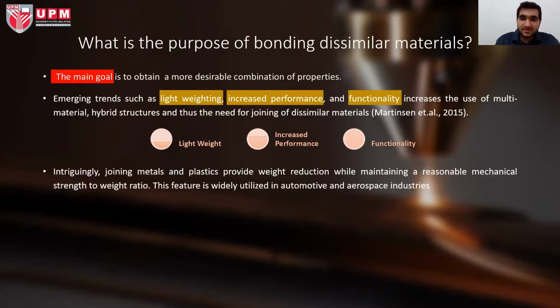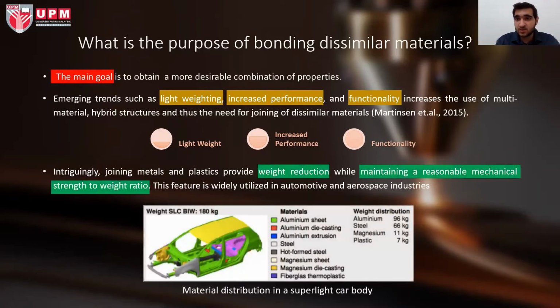One example that we can see here is whenever we want to join metals and plastics. When we talk about plastics, one of the characteristics is that plastics are very light in terms of weight, but at the same time, they don't have a really strong strength-to-weight ratio. On the other hand, metals are very strong. They have a great tensile strength, but they're quite heavy.